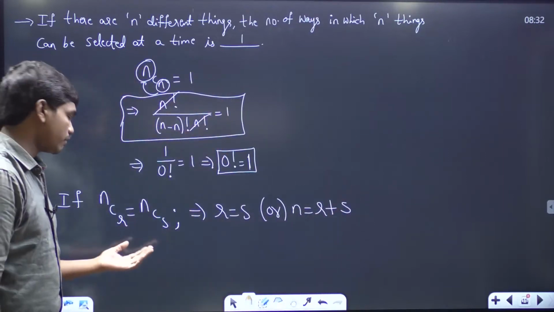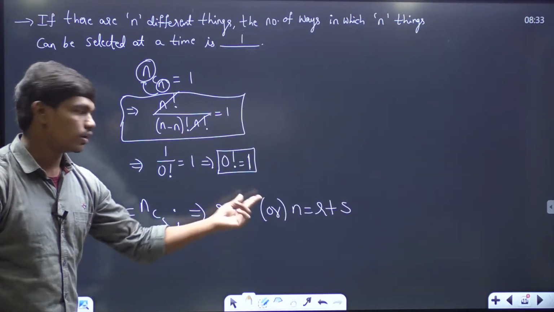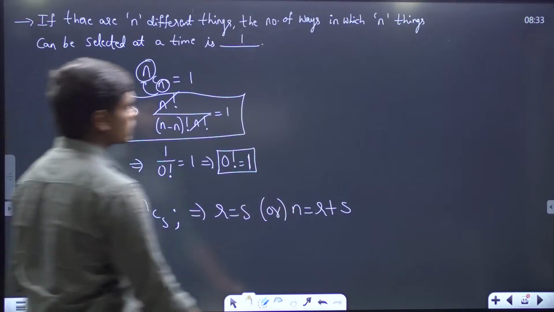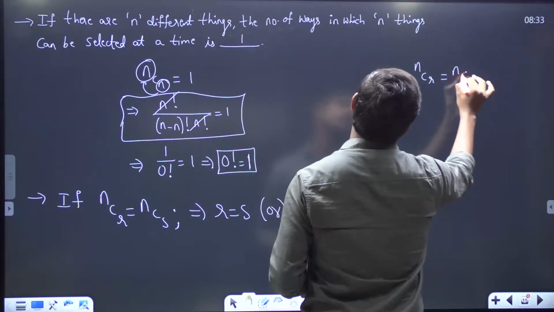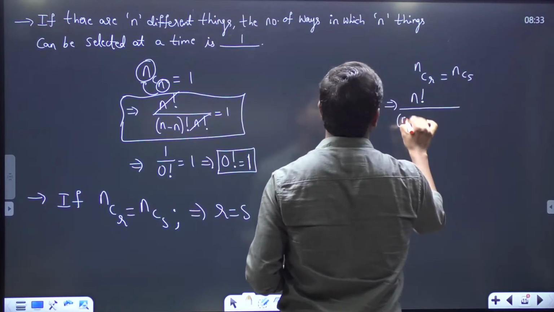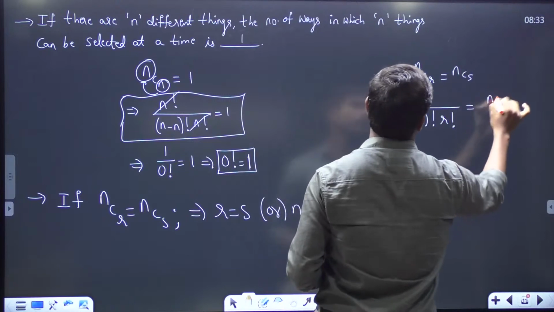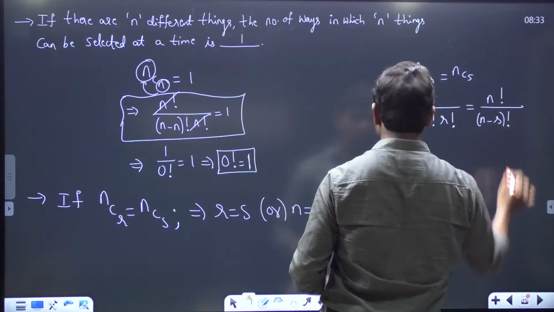So if you give these two values like nCr is equal to nCs, then either r is equal to s or n is equal to r plus s. Okay. So if you want, you can see quickly how these things happen. nCr is equal to nCs. You know, this is equal to n factorial divided by (n minus r) factorial into r factorial, and this is equal to n factorial divided by (n minus s) factorial into s factorial.